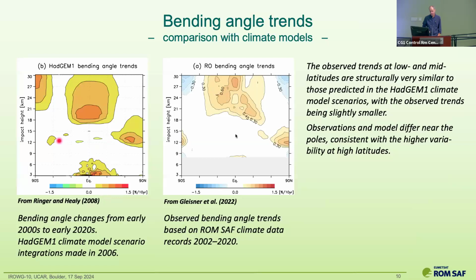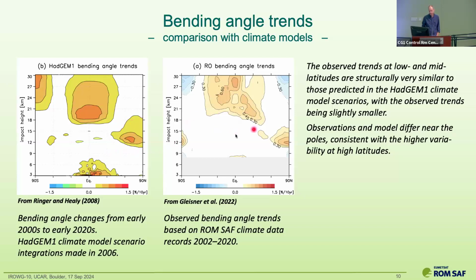There is a simulation from 2000 to the early 2020s, and a couple of years ago, 2 years ago, we just took our bending angle trends for the same period, computed them, and tried to do the same type of plots, same contour levels and so on. And we came up with this.